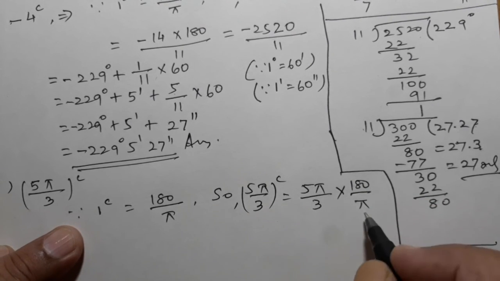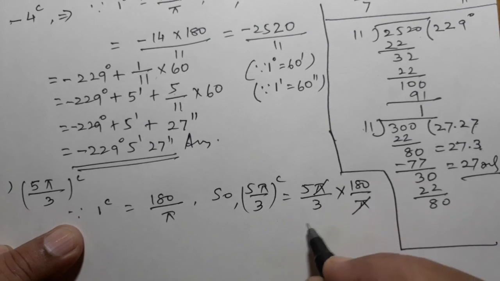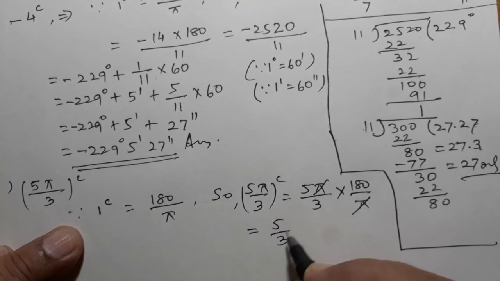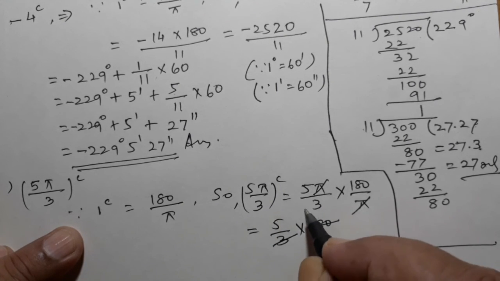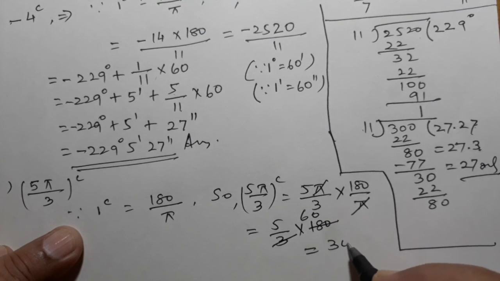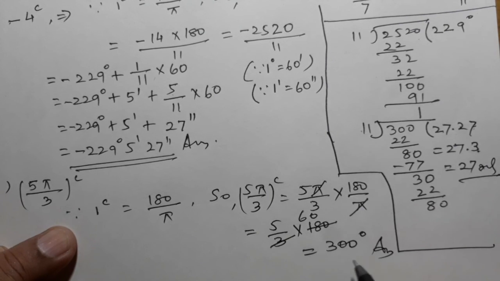Okay, in this 180 by pi, pi will be cancelled. So 5 by 3 into 180. This 3 will be cut by 18, 6 times, 60. So 5 into 60 is equal to 300 degree. Answer.